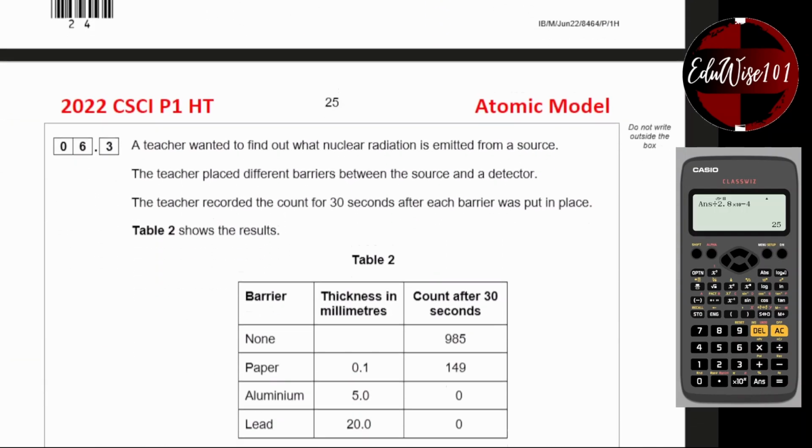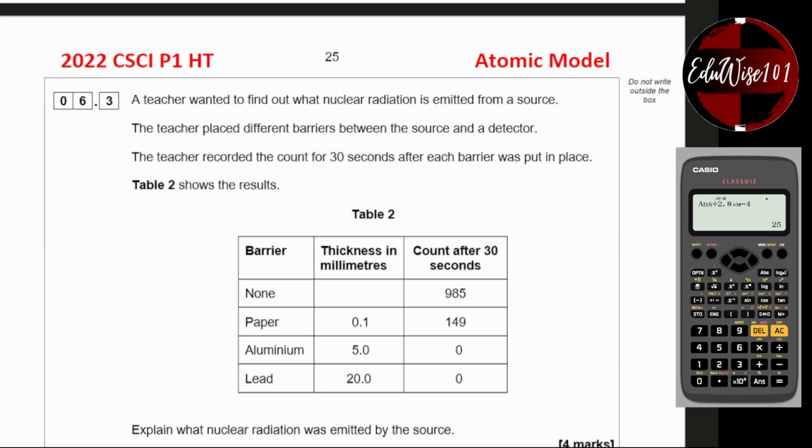Question 6.3. A teacher wanted to find out whether nuclear radiation is emitted from a source. The teacher placed different barriers between the source and a detector. So let's draw that slightly. So let's say that's the surface of the table, and that's my detector with a D, and that's my source, an S, and you're putting the barriers in between.